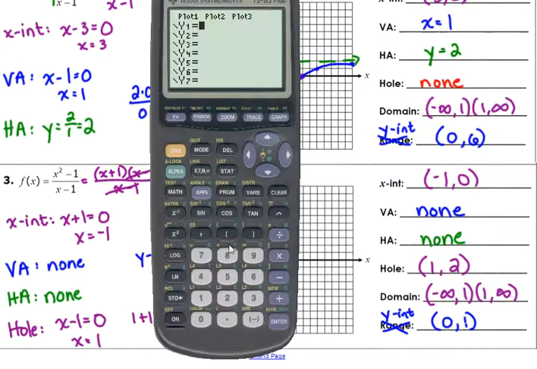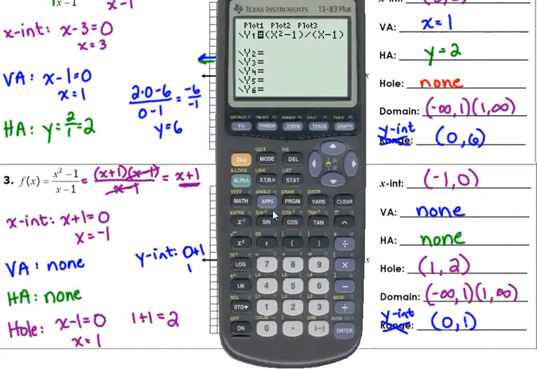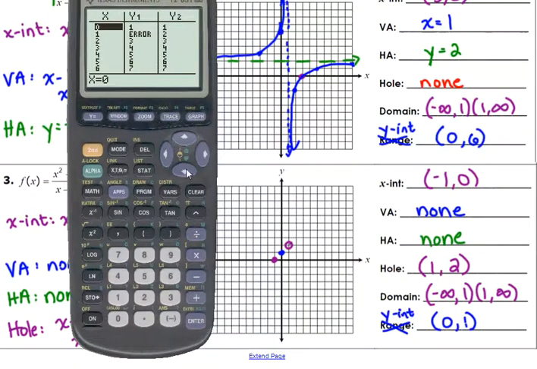So let me put in the original function, x squared minus 1 over x minus 1. Now, since I had a simplified function, I'm also going to plug that in. I'm going to plug the original into y1. I'm going to plug the simplified into y2. Let me go to the table. Here's why I'm doing this. Okay, let's check our points. Negative 1, 0, we're good.